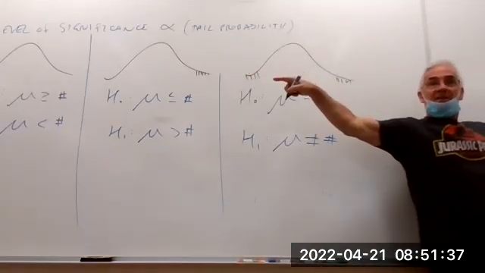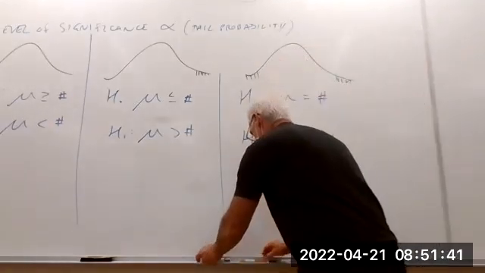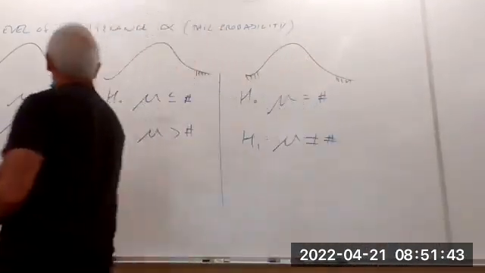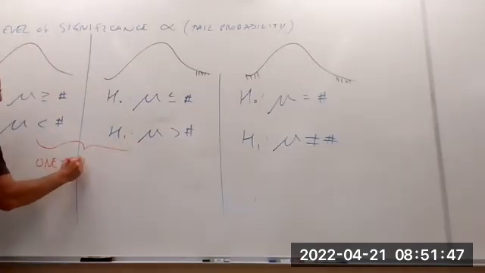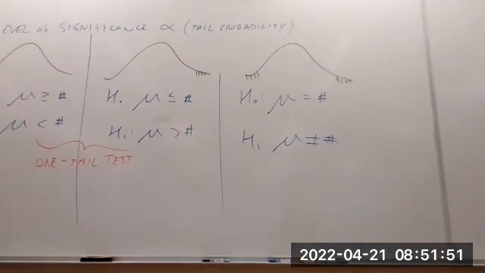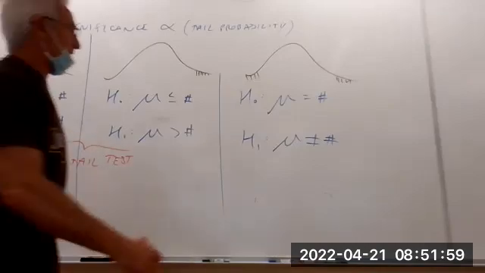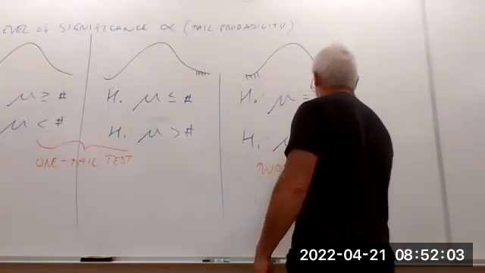We call the first two tests, very clever name, one-tail tests, because I'm only going to reject in one tail. You'll never guess what we call the last one. Oh, read my mind. This one's called a two-tailed test.